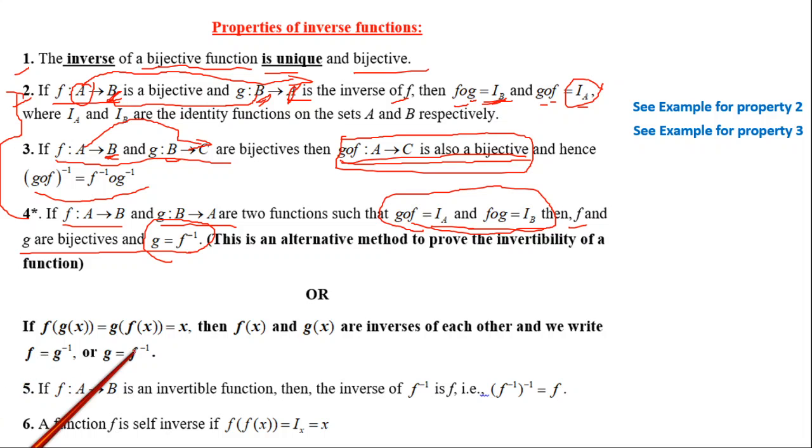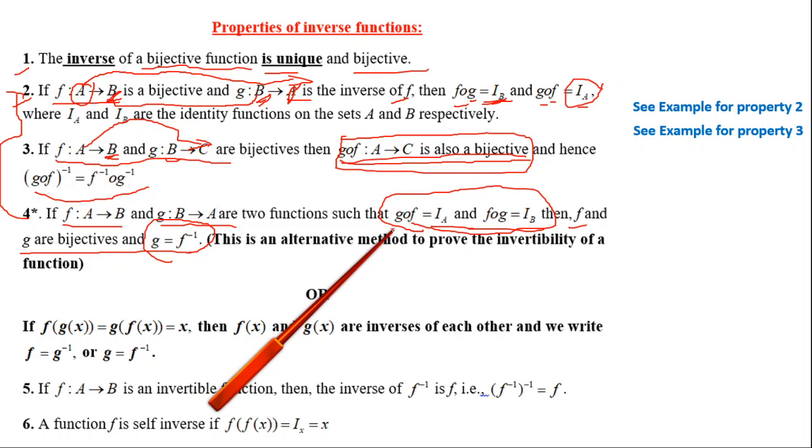Next, this property is important because sometimes it is given that we need to verify whether the given functions are inverses of each other or not.